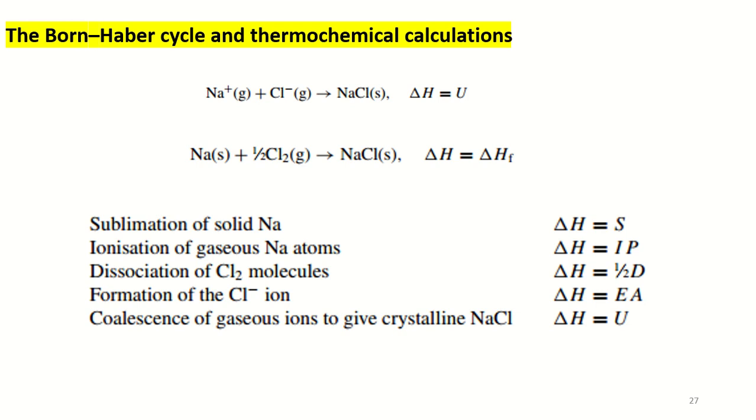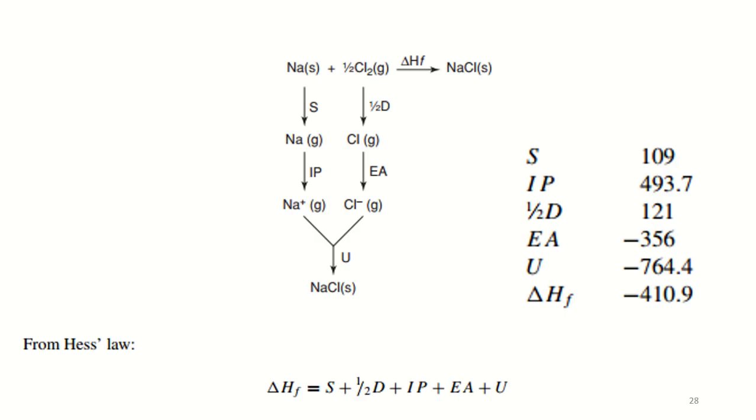Addition of these 5 terms is equivalent to forming crystalline sodium chloride from solid sodium and gaseous chlorine, as follows. We can see here the whole process.